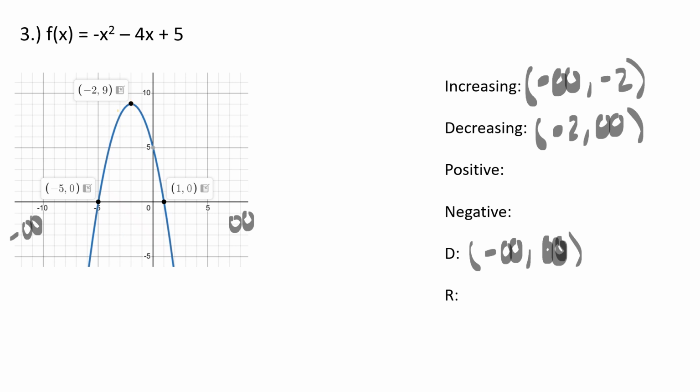So where this function is positive is right in between here. So it's positive in between the -5 and the +1. So there's -5 and +1, which means everywhere else it must be negative. So it's negative as we move off to the left and as we move off to the right.